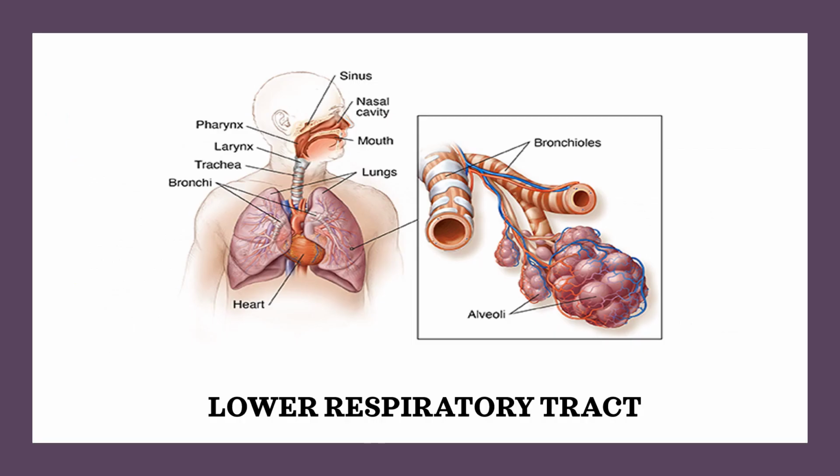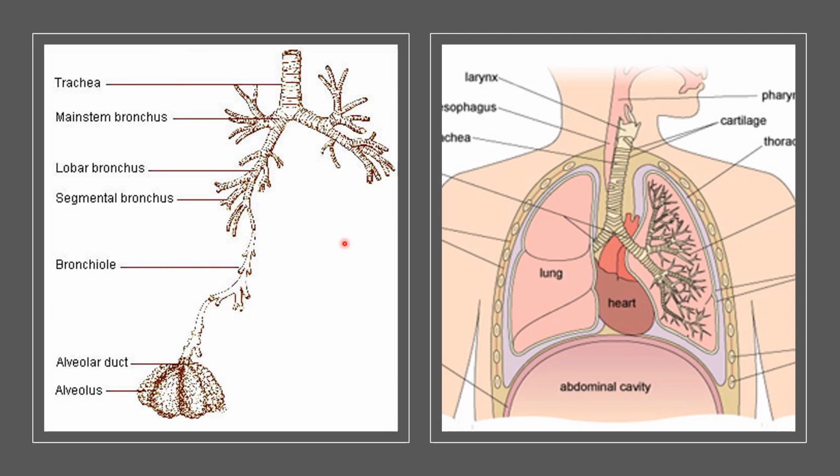Now the second component is the lower respiratory tract. The lower respiratory tract consists of the airway tree and the lungs. We can see here the trachea, which is divided into two main bronchi, then they will be further segmented.